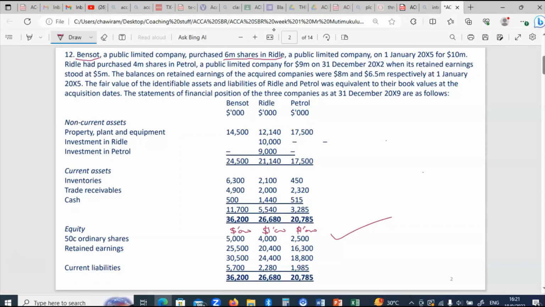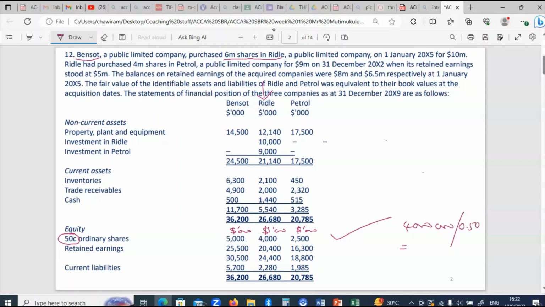For you to get the number of shares, you have to be led by the nominal value of each share. This share is 50 cents each. So if this is the column for Redu, the number of shares is found by the value of the shares, 4 million, divided by the nominal value of the share, which is 50 cents.